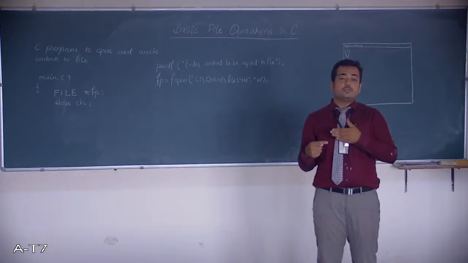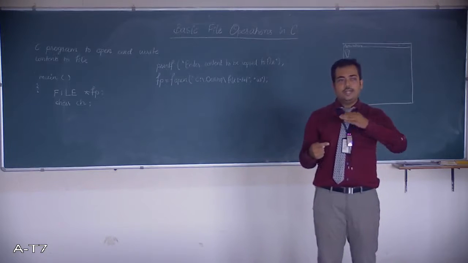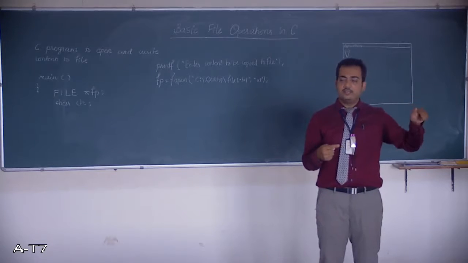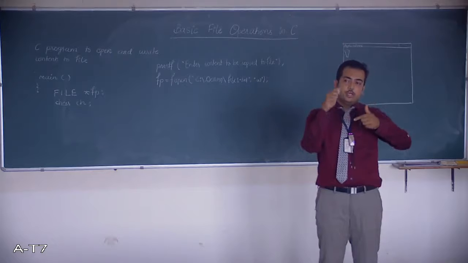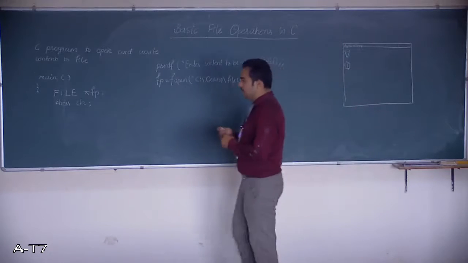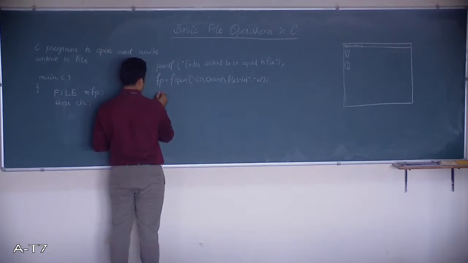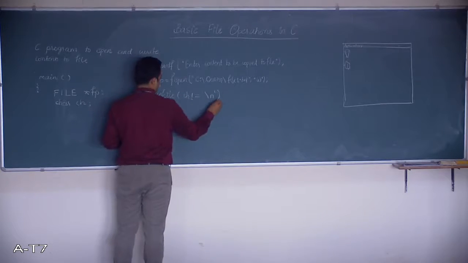Now we also have to think of what could be the end of the input. If you want to denote the end of the input as a new line, or you want to enter only one line, and once you hit the enter key you may stop the loop, in that case we will use the new line character in the condition. Okay, so let me go with that purpose. So let me start the loop: while ch is not equal to new line.